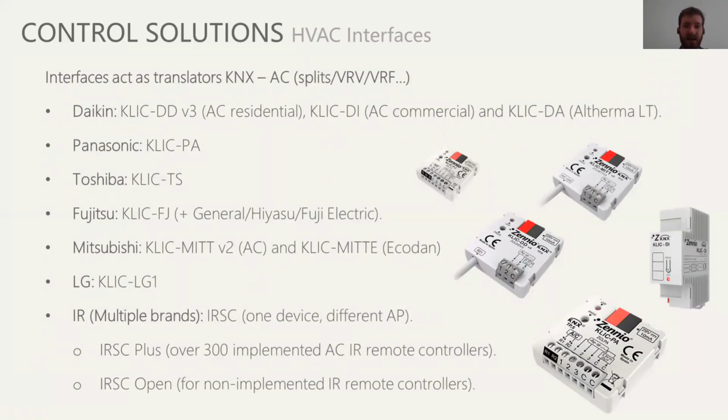This is actually translating from KNX to the language spoken by the AC unit itself. Also, if it's a production system such as Altherma or Mitsubishi Ecodan, we have interfaces for those too.